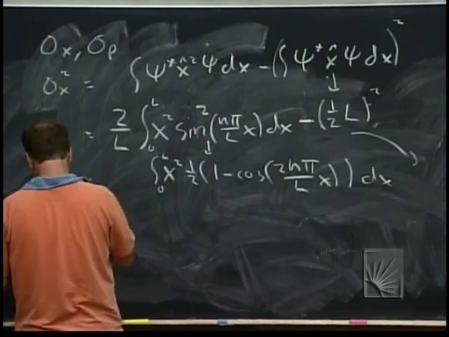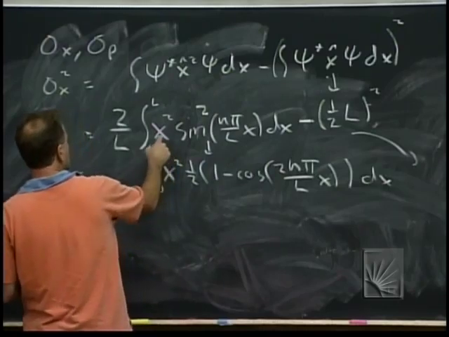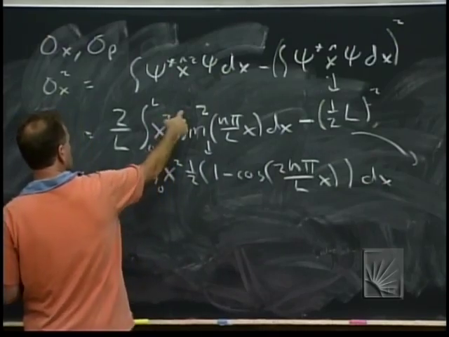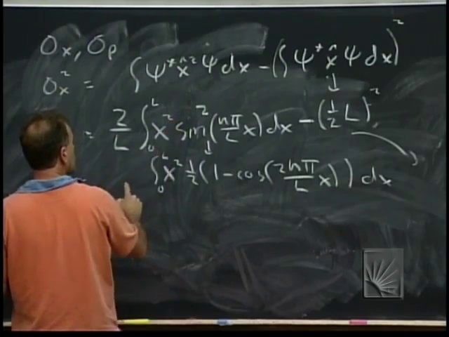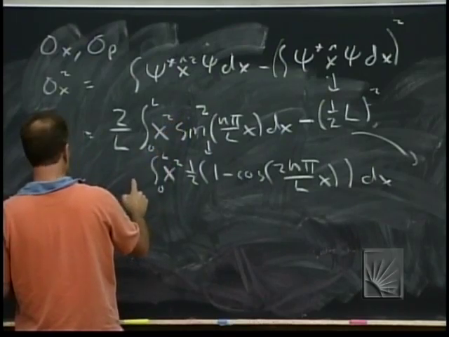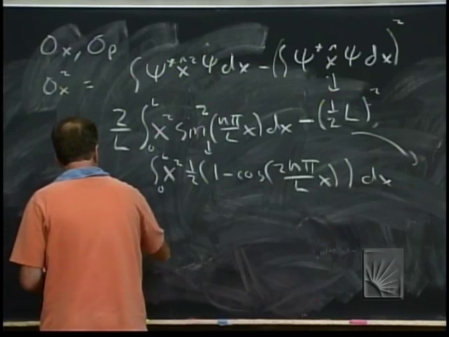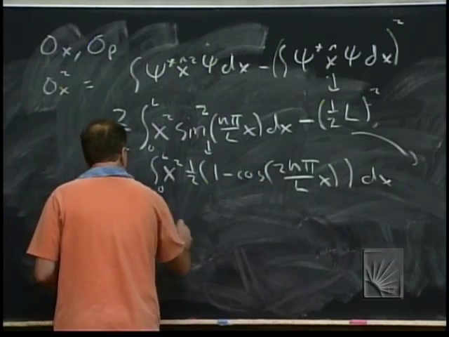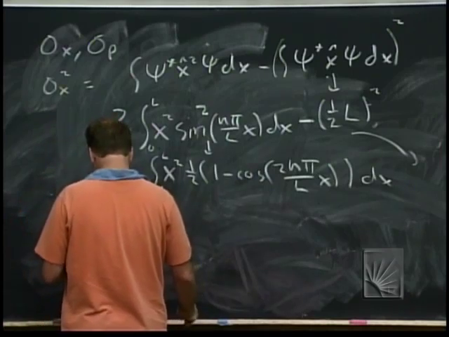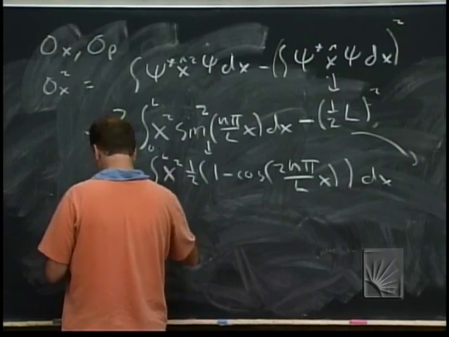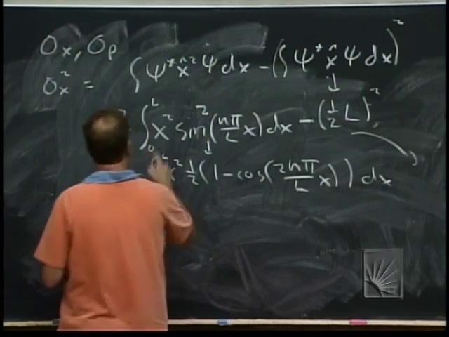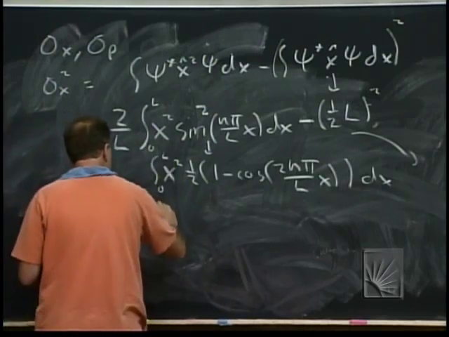When I work this out, the first term, the integral of x squared, gives me x cubed. And that amounts to 1/3 L cubed. Sorry, L cubed, but there was an L there, so I get an L squared.